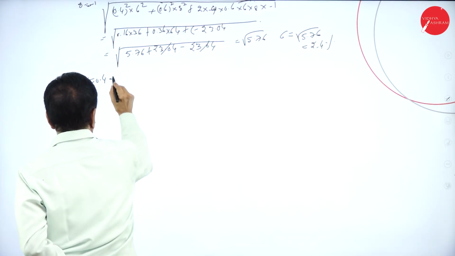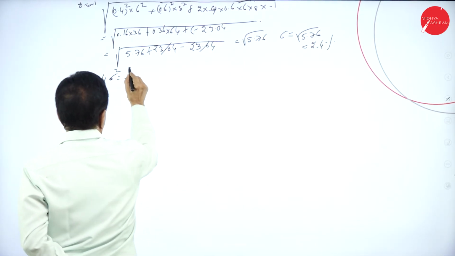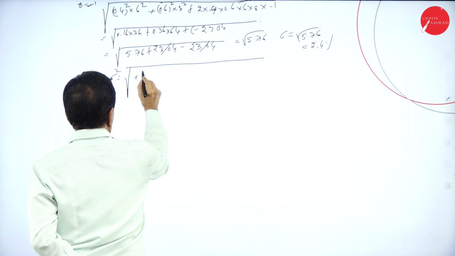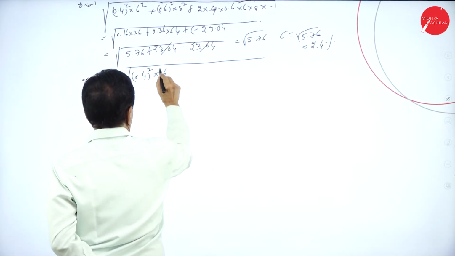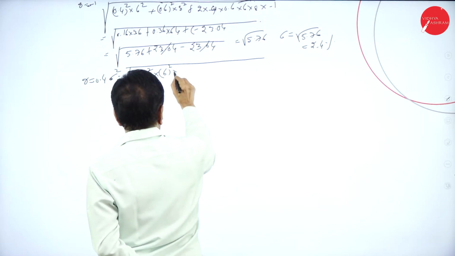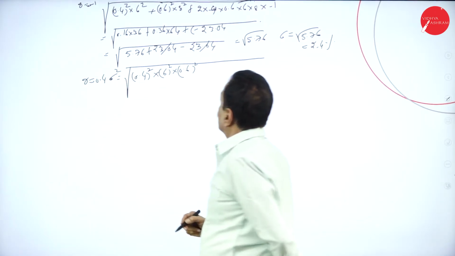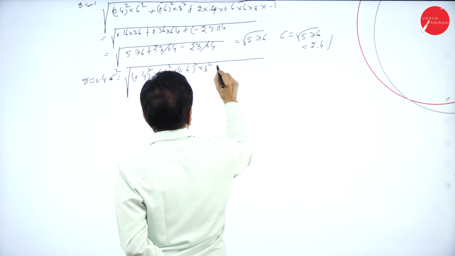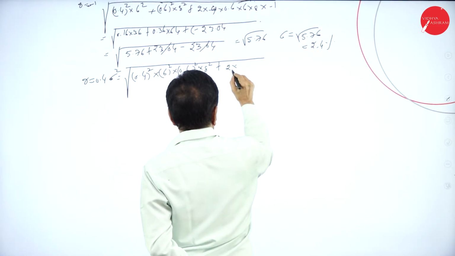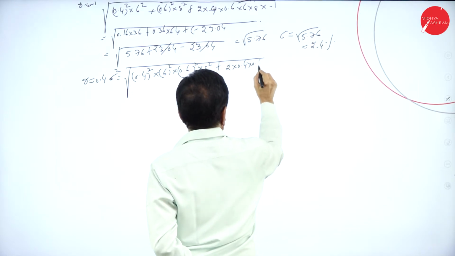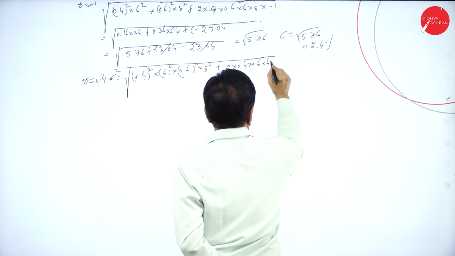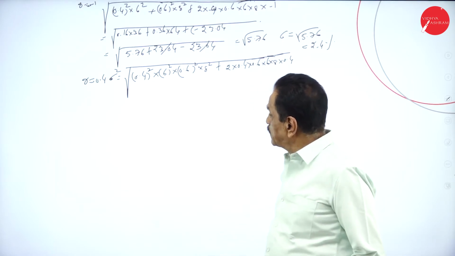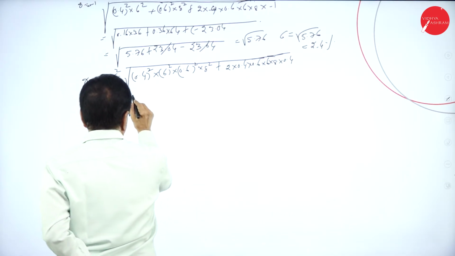Standard deviation is equal to root of same, no? 0.4 whole square into 6 whole square, 0.6 whole square into 8 whole square plus 2 into 0.4 into 0.6 into 6 into 8 into 0.4. Answer is same. Directly we can write.